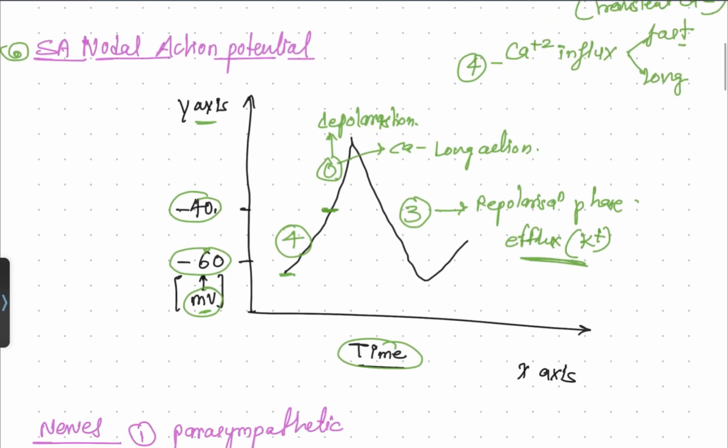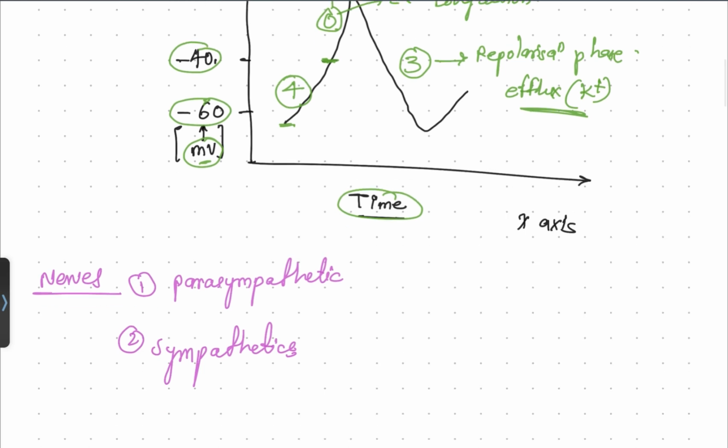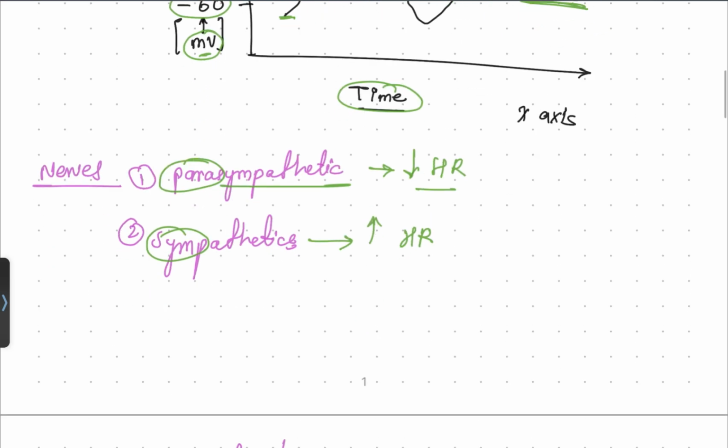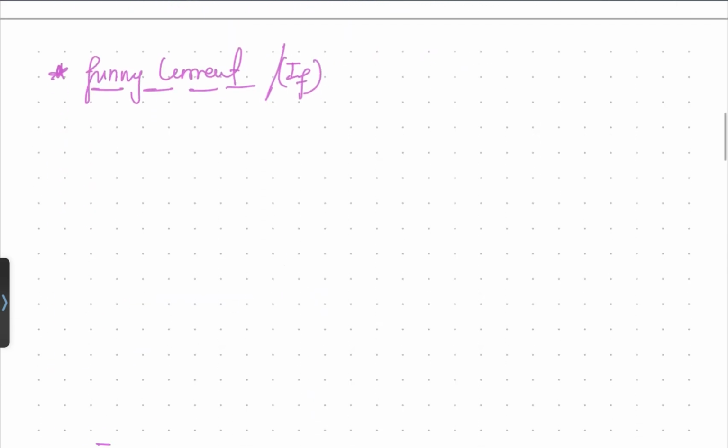Then we have the nerves. Two types of nerve: the sympathetic nerve and the parasympathetic nerve. The sympathetic nerve will increase the heart rate and the parasympathetic nerve will decrease the heart rate. Then we have something called the funny current. What is this funny current?